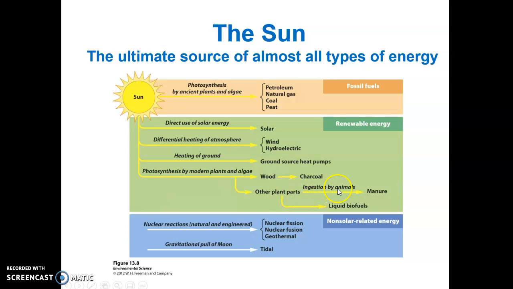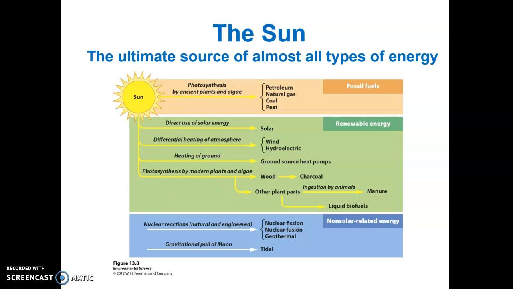For example, some plants might be ingested by animals producing manure, which can be burned as a use of energy, and also some plants can be used to create liquid biofuels. We are looking currently, instead of something slow growing such as wood, at materials that grow faster, such as switchgrass, to be able to be used as a renewable energy source.